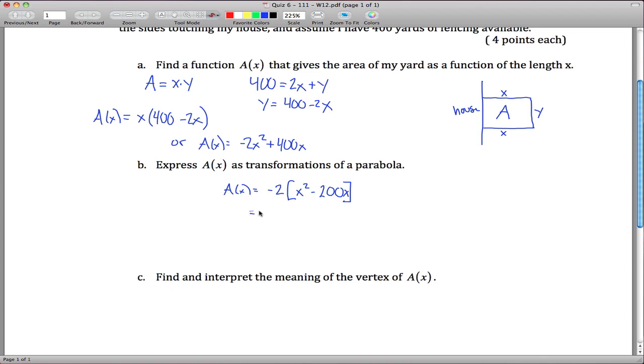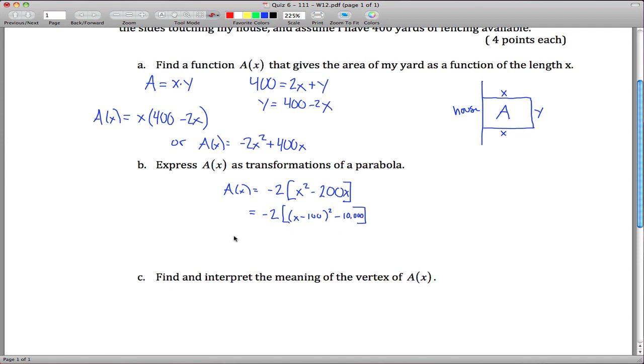And now we complete the square, which means you leave the negative 2 alone. And we're going to have x minus something, squared, minus something. What goes here is half of this number. Half of negative 200 is negative 100. 100 squared is 1 with 4 zeros, so 10,000.